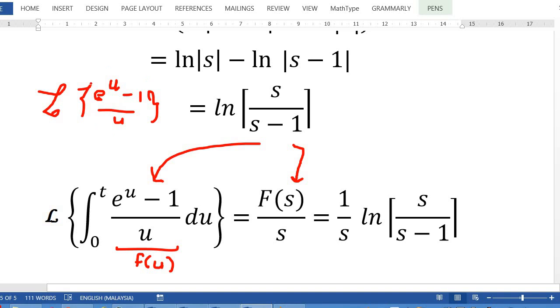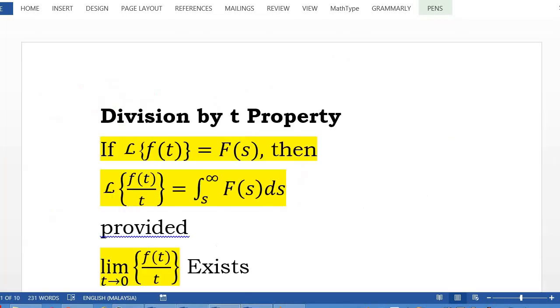And to solve the Laplace transform for e to the u minus 1 over u, remember this is in the form of f(u) over u. If you recall your division by t, you have the Laplace transform of f(t) over t equals the integral from s to infinity of F(s) ds.